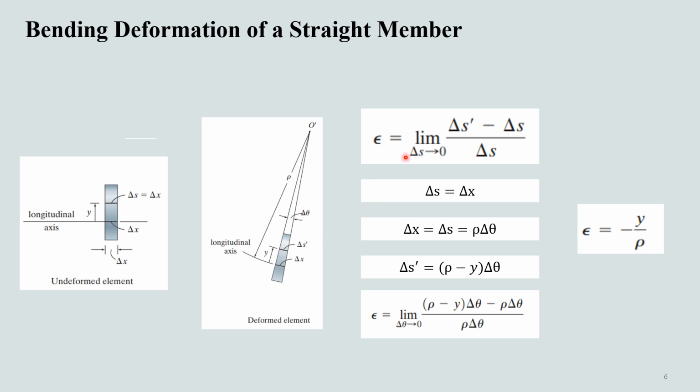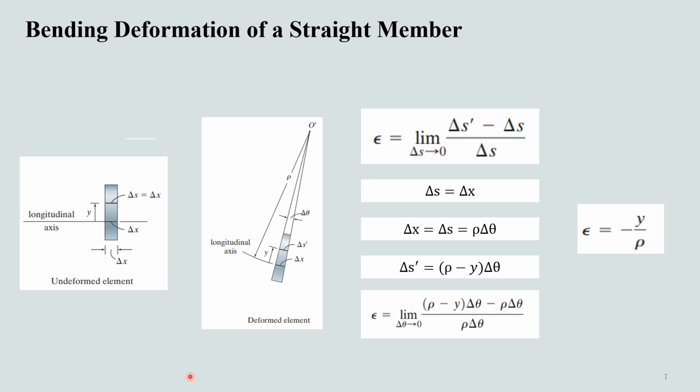If we want to find the strain at this particular location, we can use the simple formula of strain, that is del s dash minus del s divided by del s, and just apply the limit. If we want to represent the strain in terms of the location y from the neutral axis and the radius of curvature rho, because this is actually bending, we have a radius of curvature here.